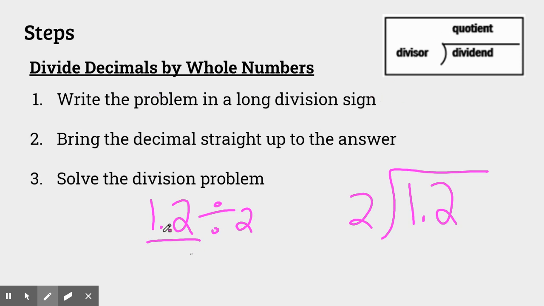I did that. The next thing is to bring the decimal straight up to the answer. So I take this decimal here and I bring it straight up. It stays in that spot. Now I can go through and start dividing. So 2 cannot go into 1, but it can go into 12 6 times. So I should get as my final answer 0.6.